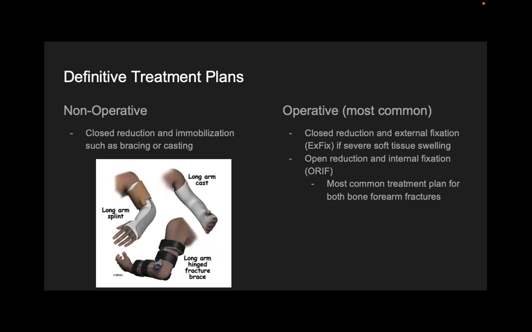To operate while there's a lot of swelling is really difficult, and there's going to be a lot of things in your way. So you're going to want to put an X-fix on early, let some of that swelling decrease, and then you can go back and do your definitive fixation, which is your ORIF, or open reduction internal fixation, meaning you're opening the skin and then putting in an internal stabilizer with plates and screws and things like that, okay?